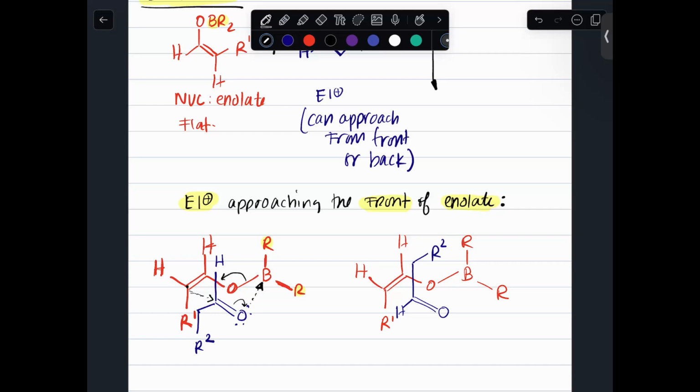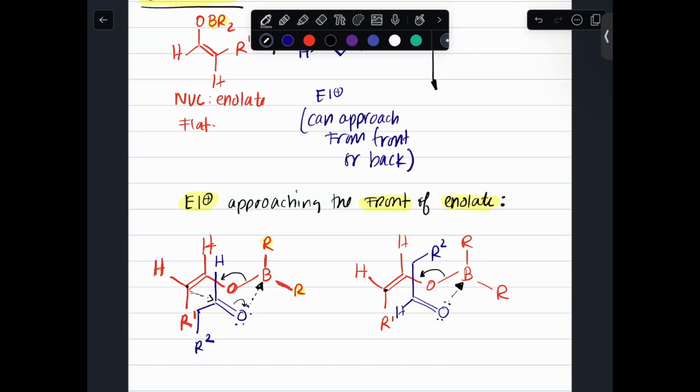Okay? The same thing in this figure as well. The carbonyl oxygen of my aldehyde is complexing to my boron. Once it complexes, it can regenerate the double bond.